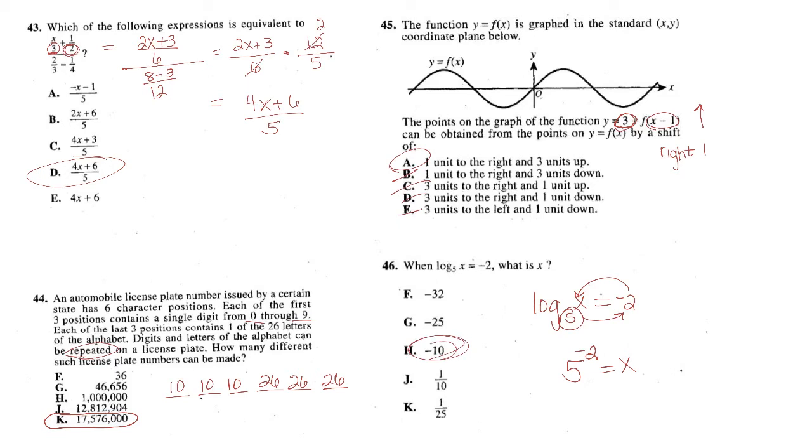It's tricky. Remember 1 over, and right here's another wrong answer, but those sure are tricky. This means 1 over 5 squared. So that's going to be 1 over 25. And look, they've even got another wrong answer there. But the right answer is going to be K.